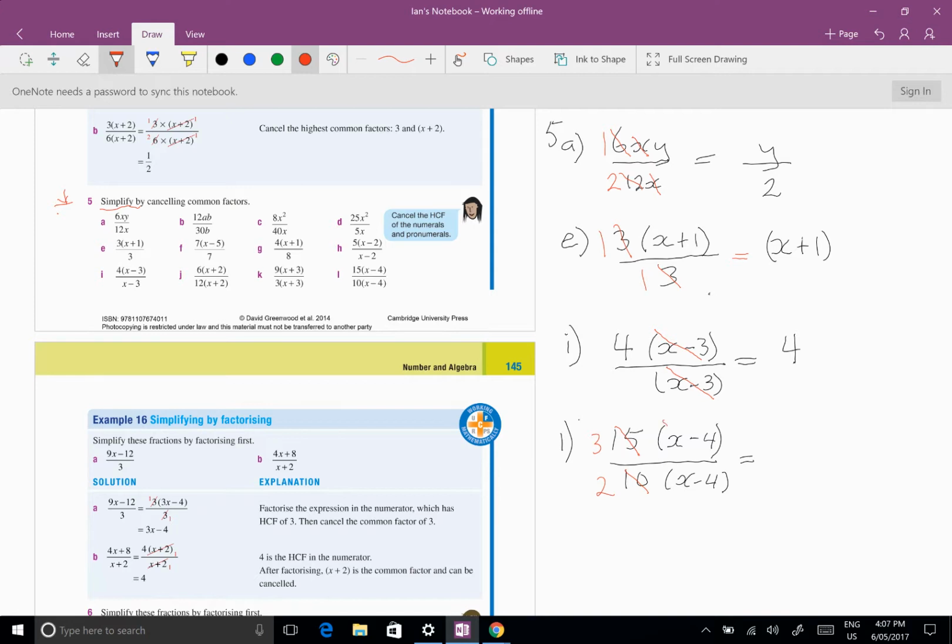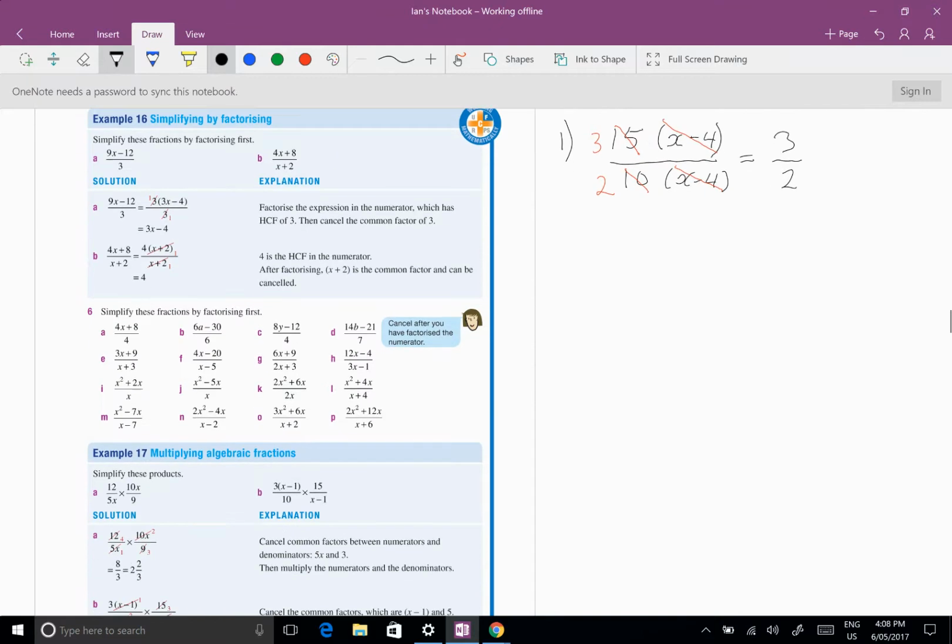And the x minus 4, it's a whole term, cancels with the x minus 4. Which leaves me with 3 on 2. Now, I could write that as 1.5, but I'm going to leave it as 3 on 2 because I like it as an improper fraction. So that's 5L.